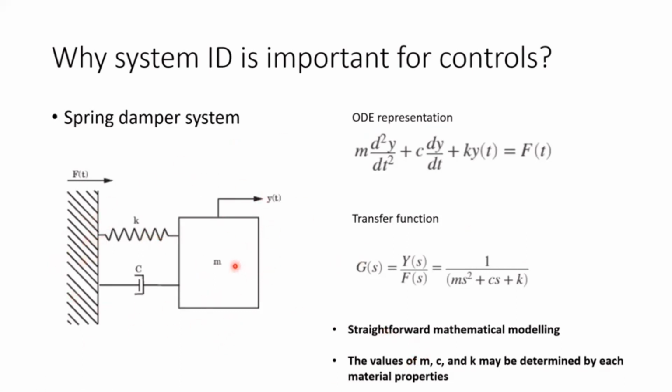Usually for this kind of model, we know the value of the mass, the damping coefficient, and the spring elastic constant. So this is a really good example of a theoretical system with good approaches.